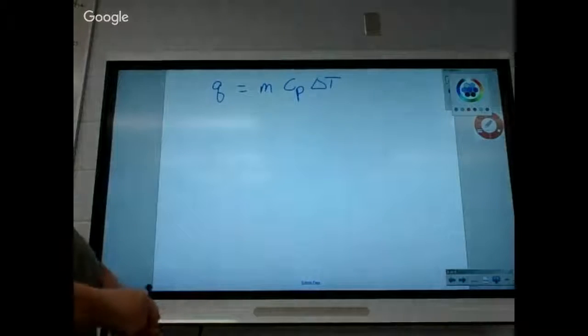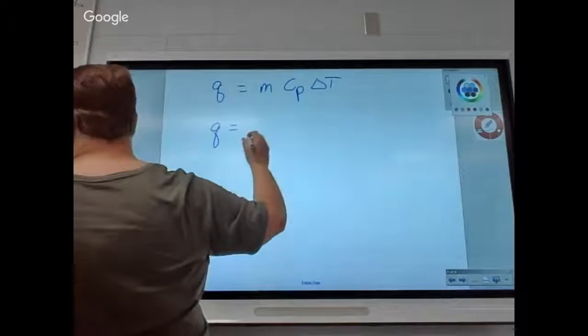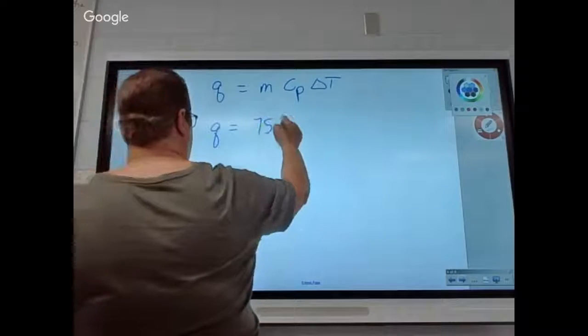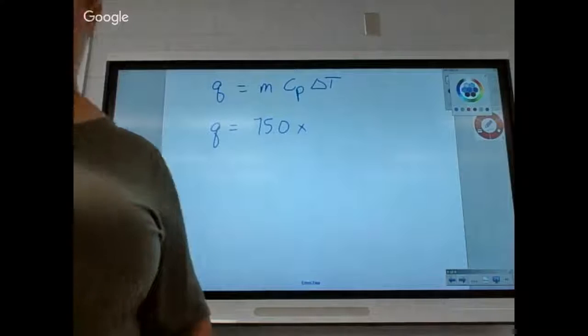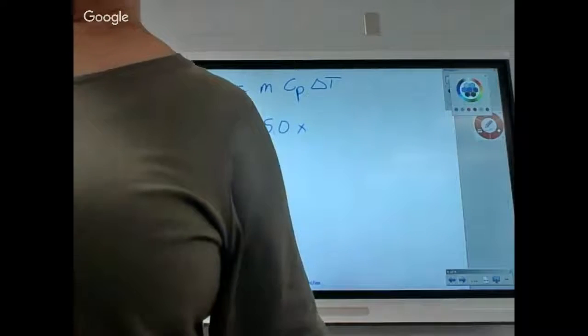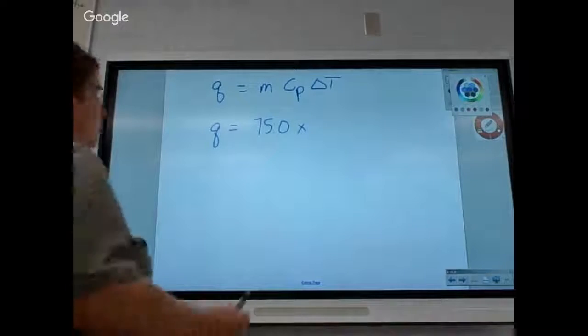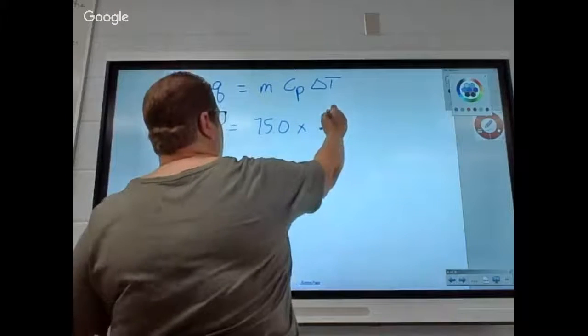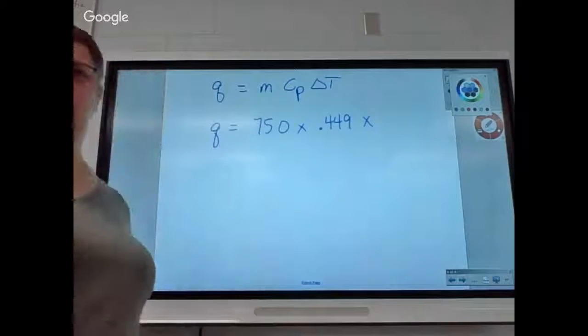It's Q. Okay, so what's the mass? 75. Did they give you CP? So where do you find it? For iron, look up iron because that's what they gave us. 0.429.